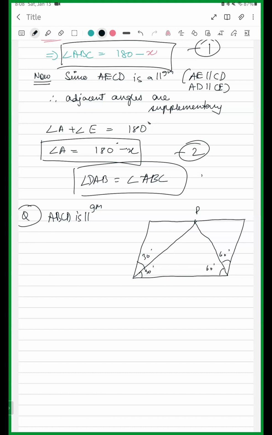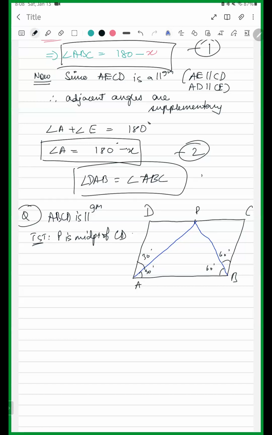Here you have to show that P is the midpoint of CD. So see what all is given to us. We know that AP and BP are angle bisectors.